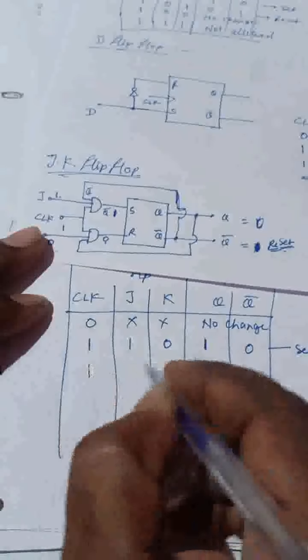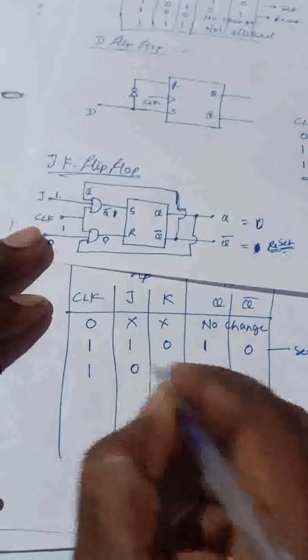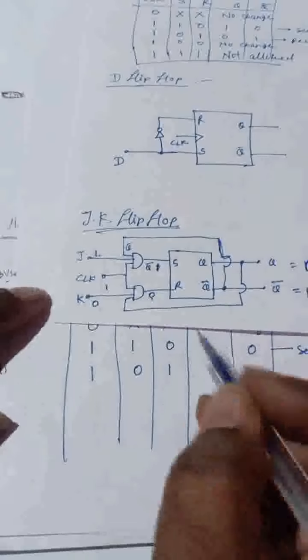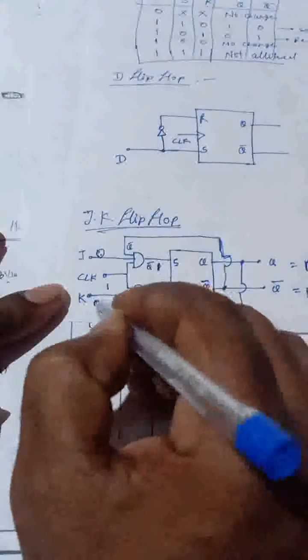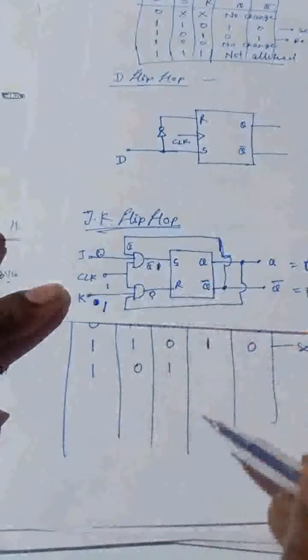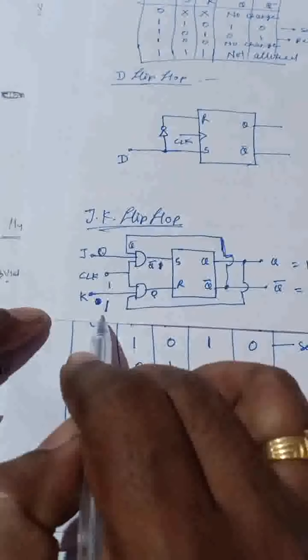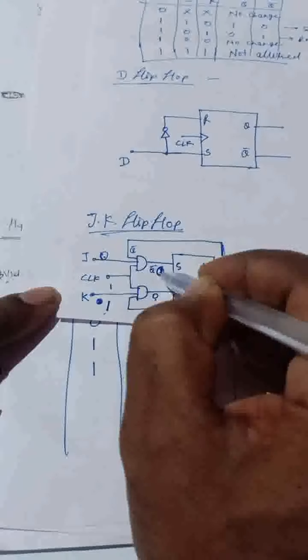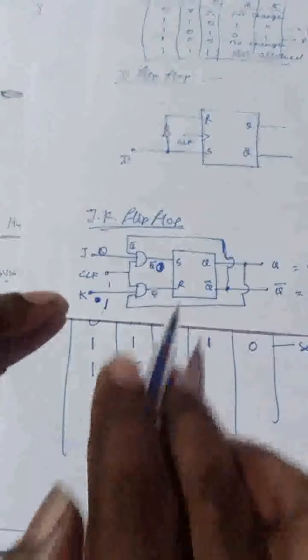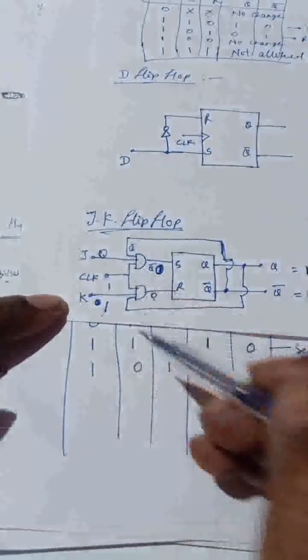Again, if we apply clock 1, J 0 and K equal to 1. Consider J equal to 0, K equal to 1. Because of this 0, the upper AND gate output becomes continuously 0, so we don't bother about the upper AND gate.